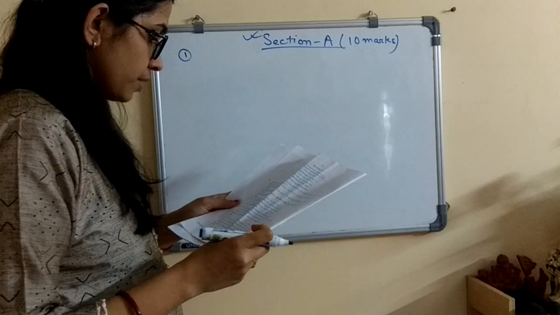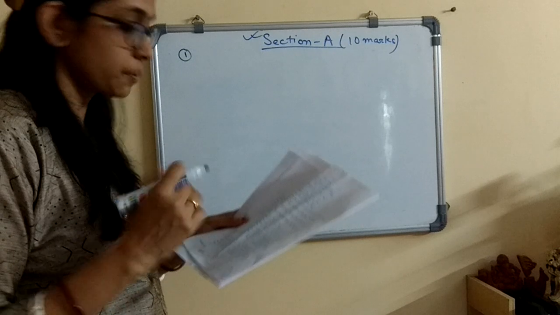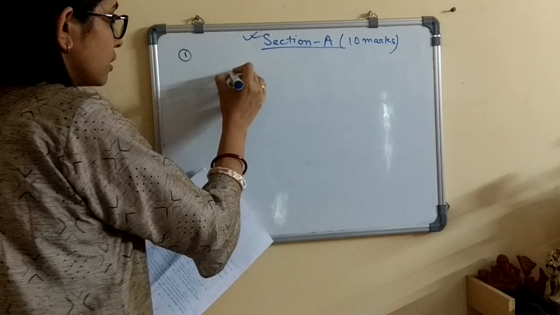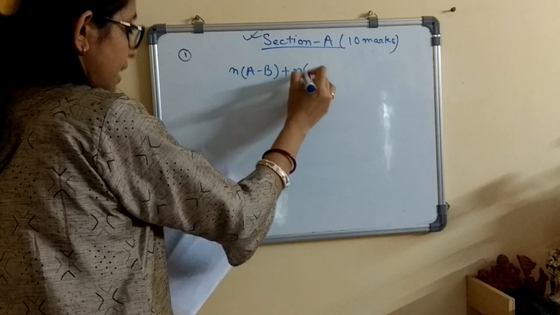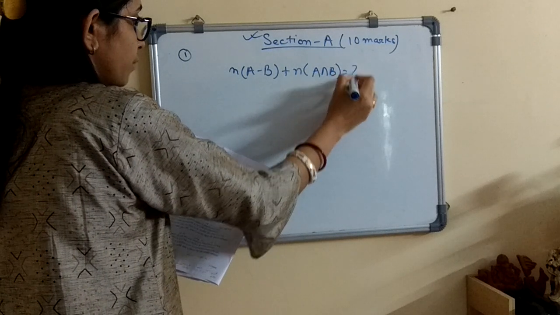Now the first question is based on the first chapter, that is sets. If A and B are two sets, then n of A minus B plus n of A intersection B is equal to what?